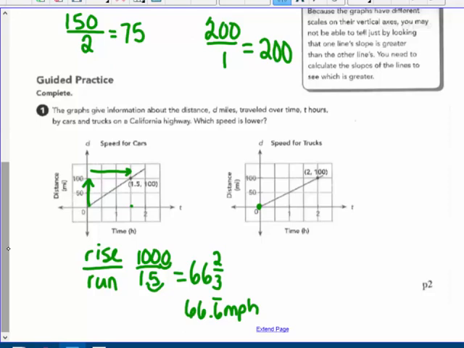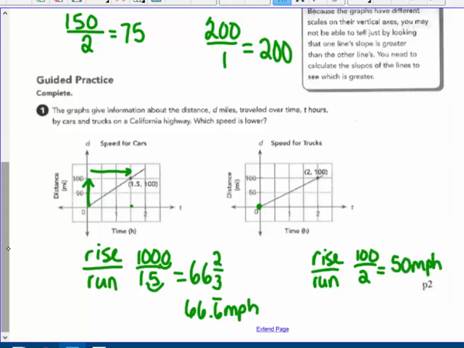In the example on the right, the speed for the trucks, letter D here, on my rise over my run, going up 100 and over 2, well, that's only 50 miles per hour.